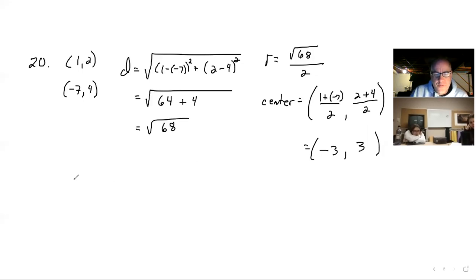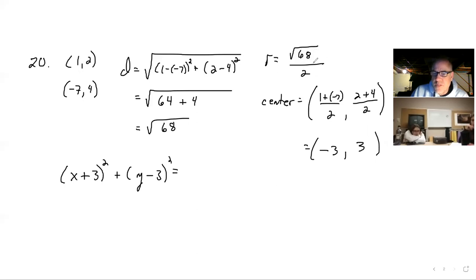So putting it in the standard form, since that coordinate's negative, we'll have x plus 3 all squared, plus y minus 3 all squared. And then this part of the standard form is the radius squared. All right, so here was our radius.